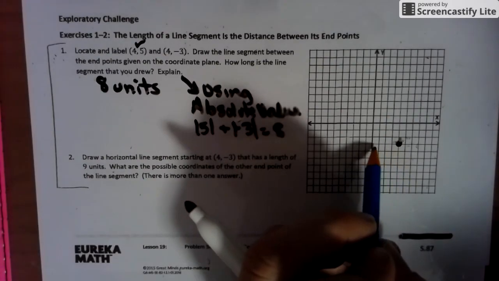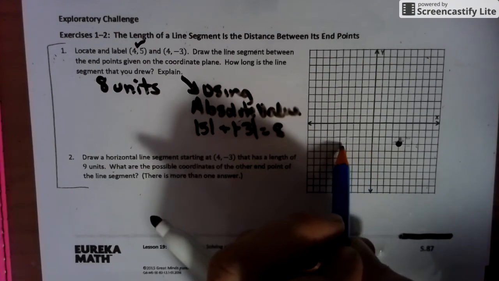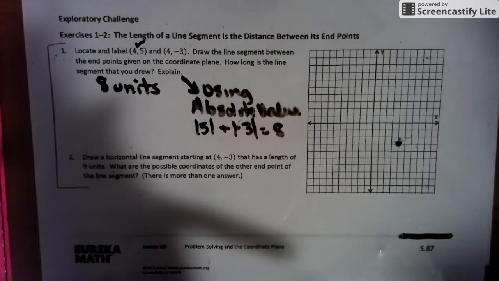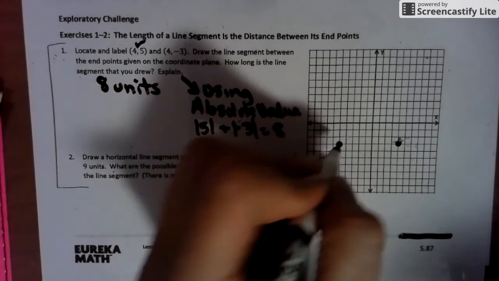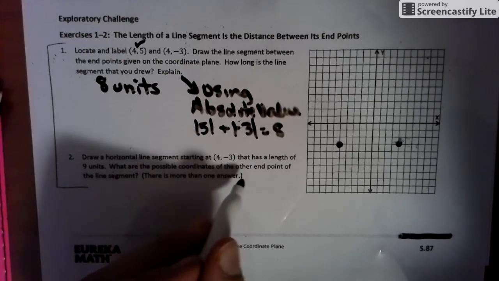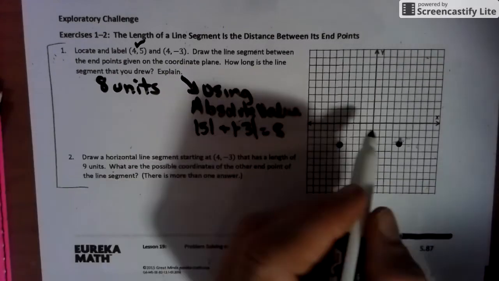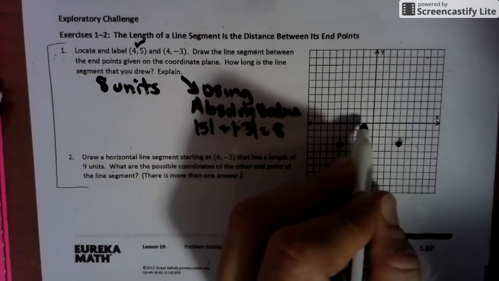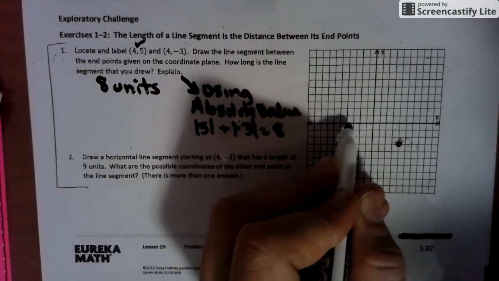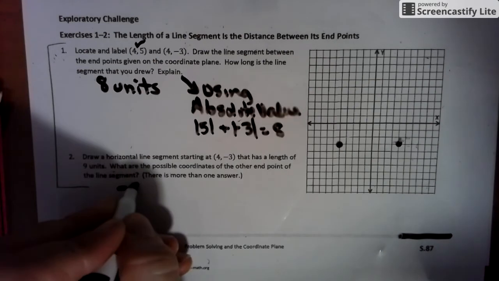1, 2, 3, 4, 5, 6, 7, 8, 9. It says, what are the possible coordinates of the other endpoint of the line segment? There is more than one answer. We found this one, which is (negative 5, negative 3).